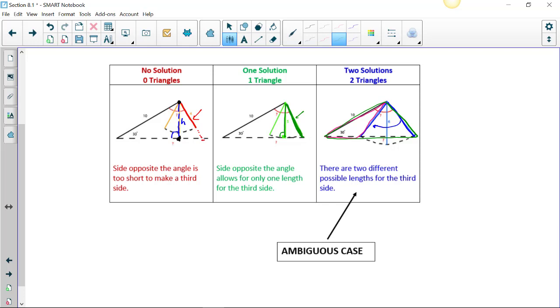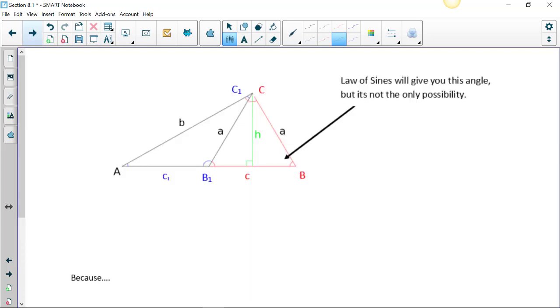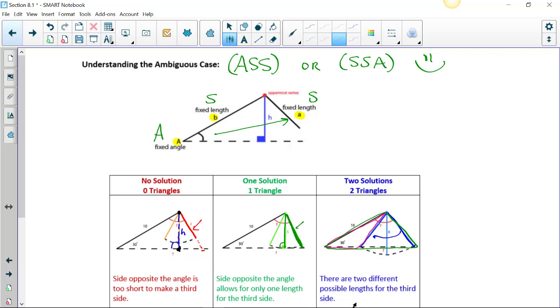We can do that by using basically our calculator. Let's go back here for a second. What's going to happen in this ambiguous case? You're going to be trying to find this angle B, opposite that other given side.